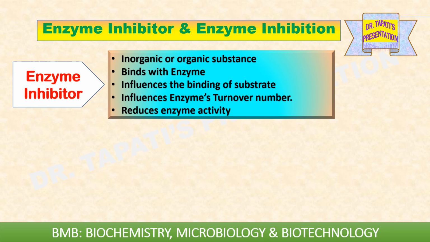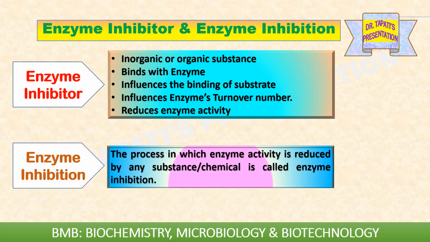A substance that decreases activity of an enzyme in this way is known as inhibitor. So we can define enzyme inhibitor as the substance that binds with enzyme and reduces the enzyme activity, whereas enzyme inhibition can be defined as the process in which enzyme activity is reduced by any substance or chemical.